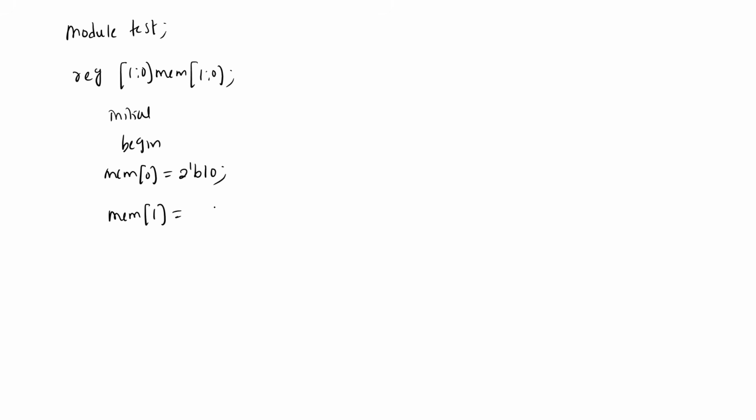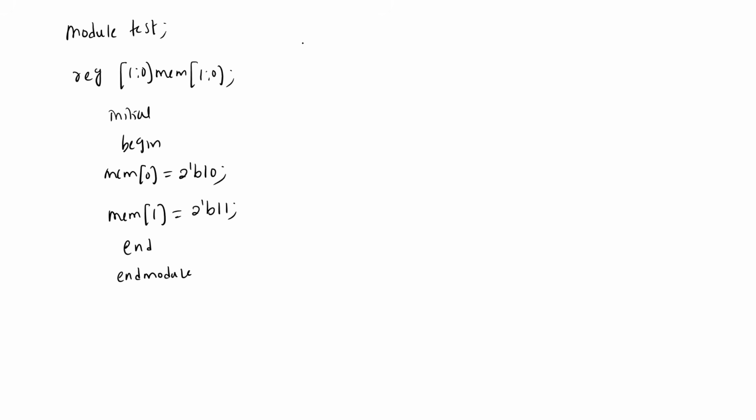Next, one more example, module test. I am giving reg 1 down to 0, mem of 1 down to 0, initial begin, mem of 0 equal to 2 tick binary 10, mem of 1 equal to 2 tick binary 11, and end module.